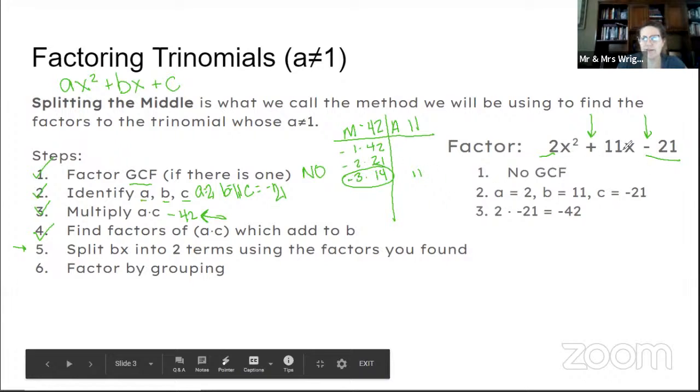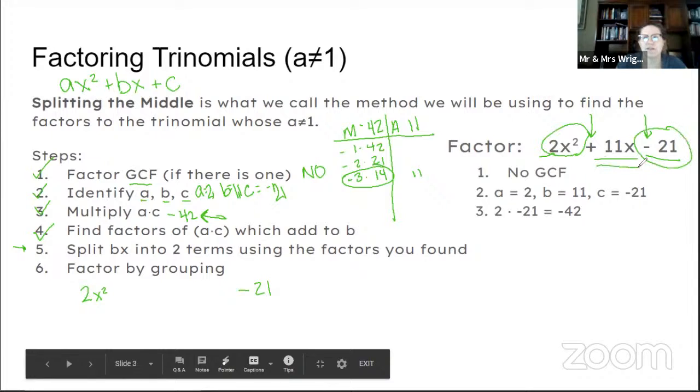So we're going to rewrite this whole problem, but we're going to split this middle term up into 2 different terms. So we're going to have 2x squared at the beginning, and I'm still going to have my negative 21 at the end. You see, my first term and my last term stayed the same.